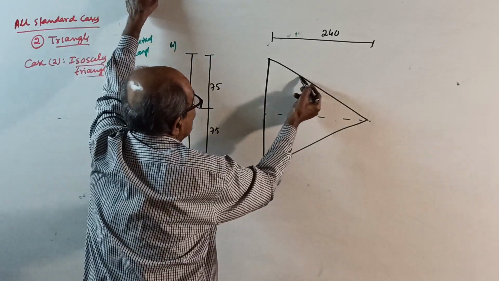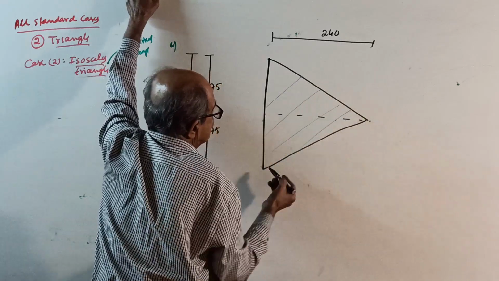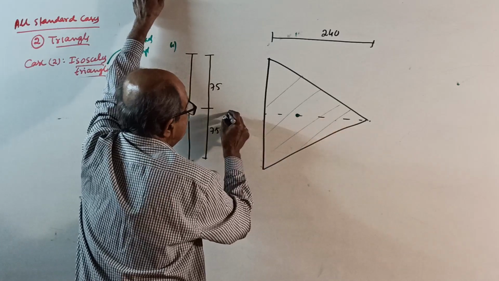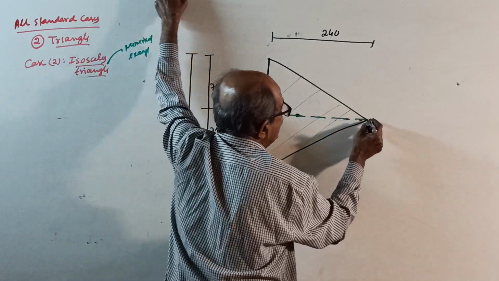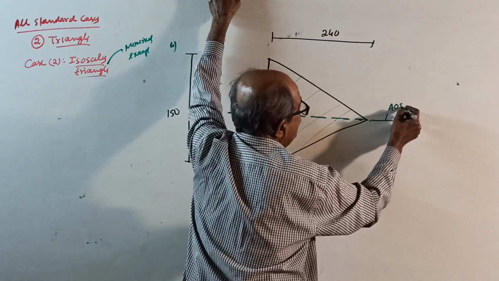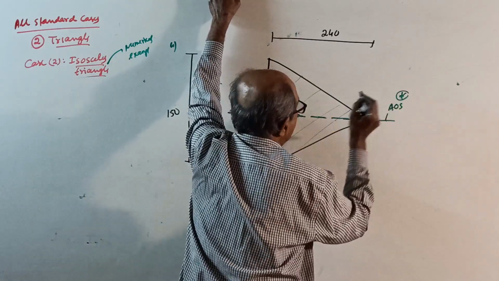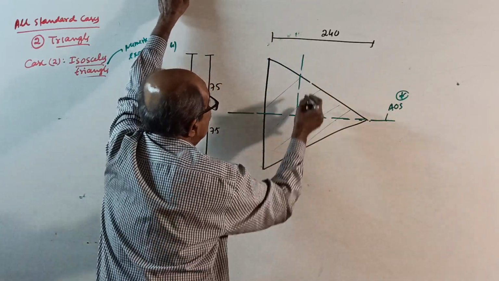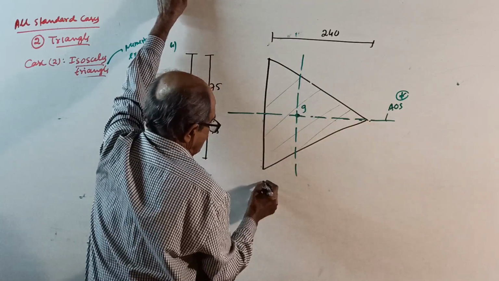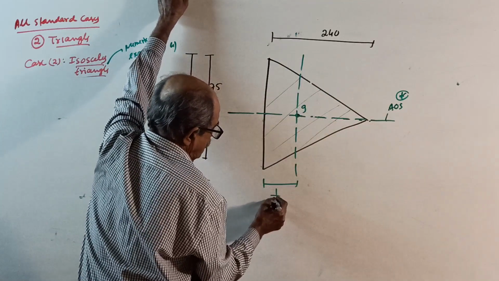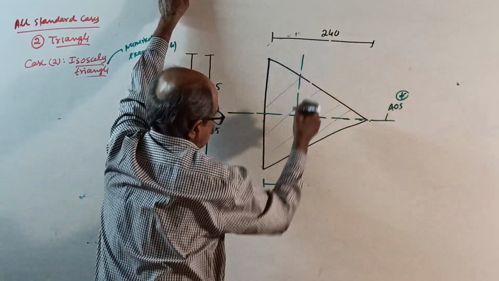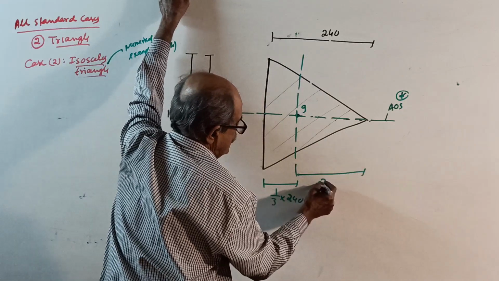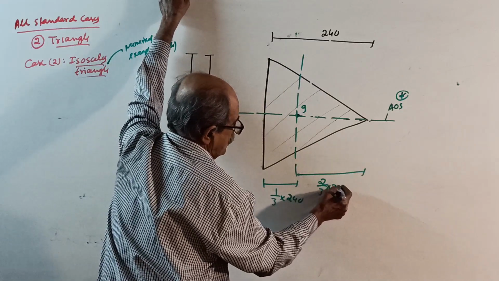Okay, now, consider the full triangle. Now, see, centroid is here. This is the axis of symmetry. Remember, axis of symmetry, so star will come here. Be careful. This is the centroidal axis parallel here. Now, this is your G. This is 1 by 3 of 240. This is 2 by 3 of 240.